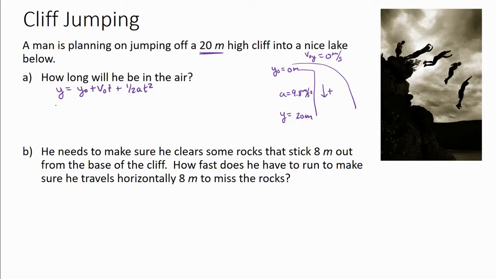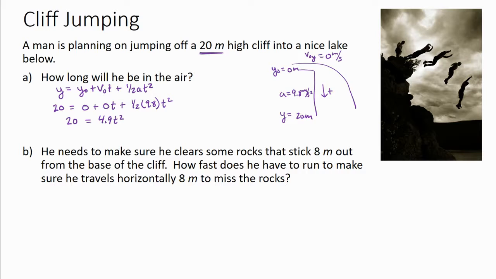So I got my 20 here, I have an initial vertical velocity of 0, got my 1/2, got my positive 9.8, t squared. So that leaves me basically 20 is equal to 4.9 t squared.